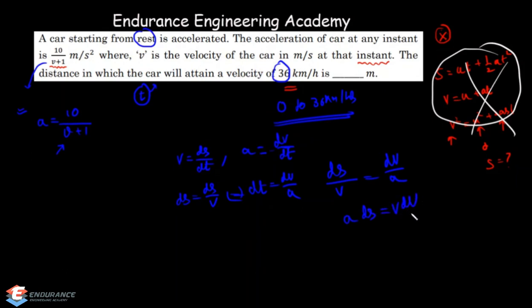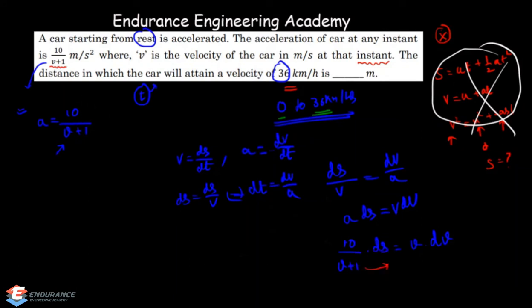Now we know acceleration is 10 by v plus 1, right? So acceleration is 10 by v plus 1, and ds, let it be, which is equal to velocity into dv. That's it. The problem is almost done. We are doing that variable separable method, which we did in differential equations.